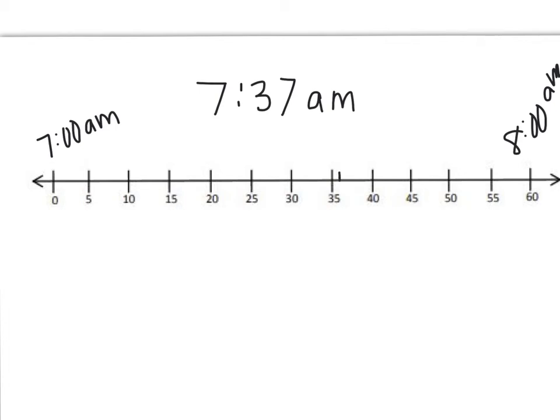So 36, 37, 38, 39, and there's 40. So now I'm going to mark 37 on my number line. There's 7:37 right there. I counted by fives up until 7:35, and then I had to count by ones to plot my point. So you do have to make your tick marks in between your two numbers.